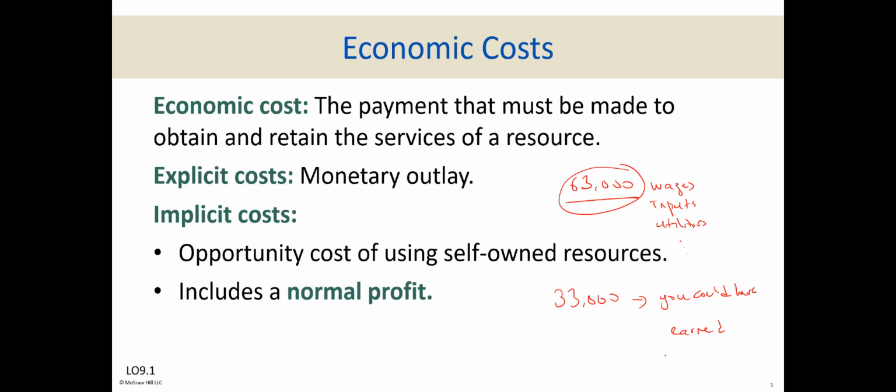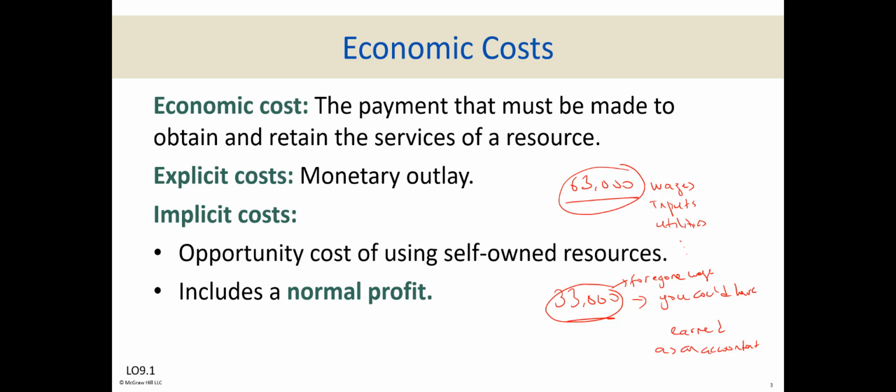Let's say you're an accountant. So you're giving up this income and therefore you spend all your time for your business. Therefore, this $33,000 foregone wage is your implicit cost.